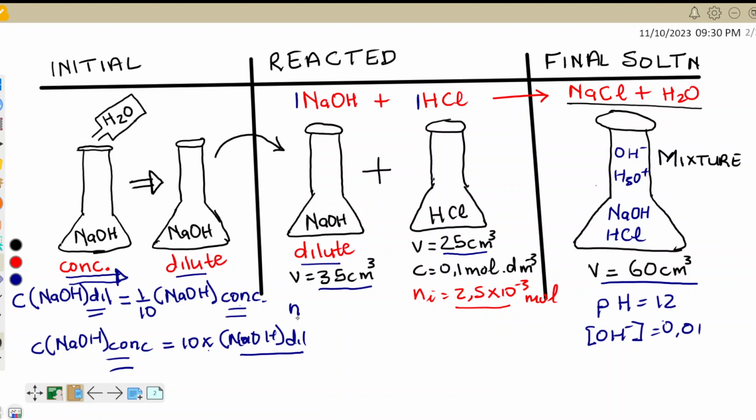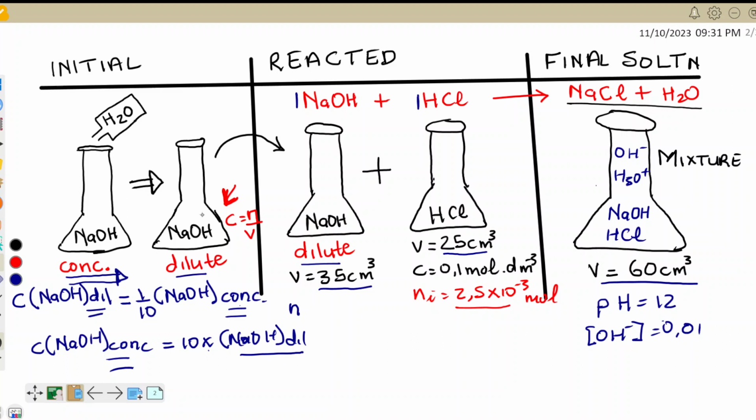Okay, let's look at this again. We need to find the concentration of the dilute. To find this concentration, we need to know the number of moles and the volume.